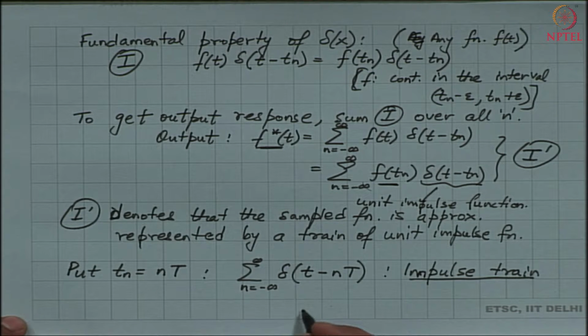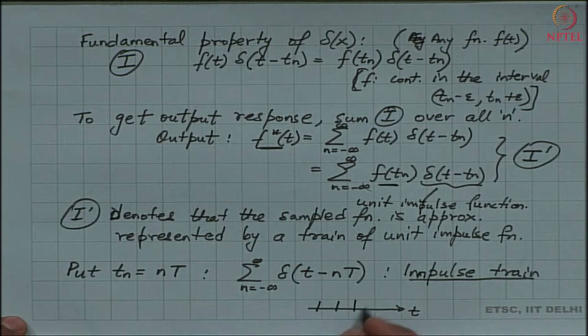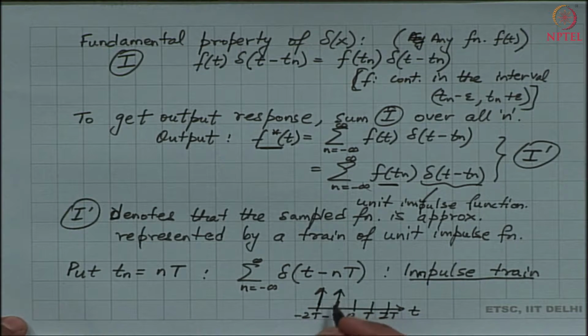So, what do I mean by impulse train? Suppose I were to measure these signals at these equally spaced time points t n, say at 0, negative T, negative 2T, T, 2T, and so on. My impulse functions have an integral value equal to 1. They are all equal and they arrive at equal intervals of time. So, this is a unit impulse function at equidistant points of time, known as the impulse train.